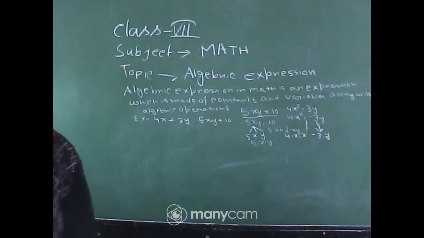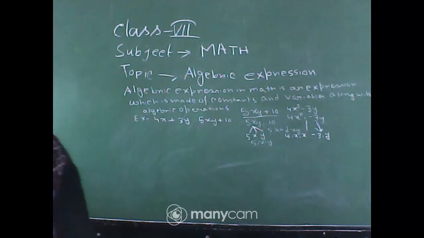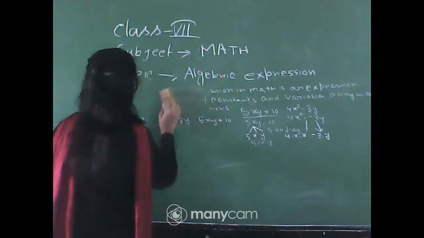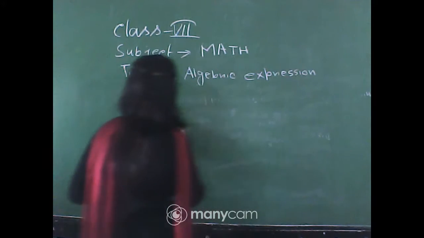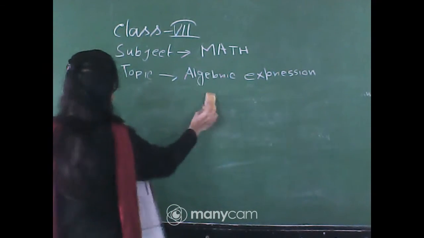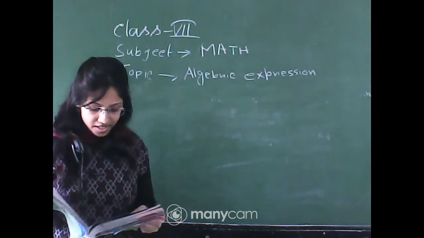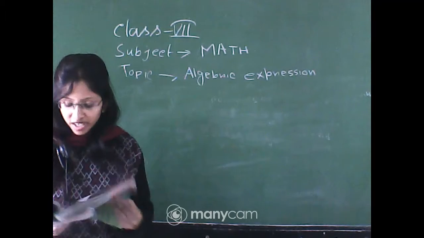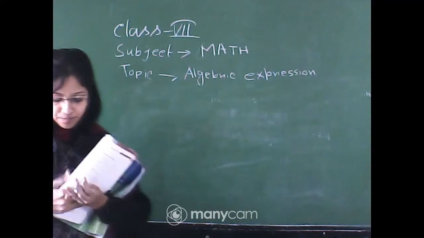Then we will do the exercise 12.1. First, question number 1. Get the algebraic expressions in the following cases using variables, constants and arithmetic operations.